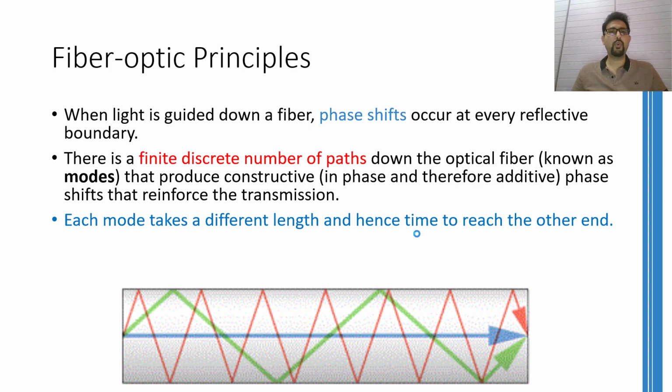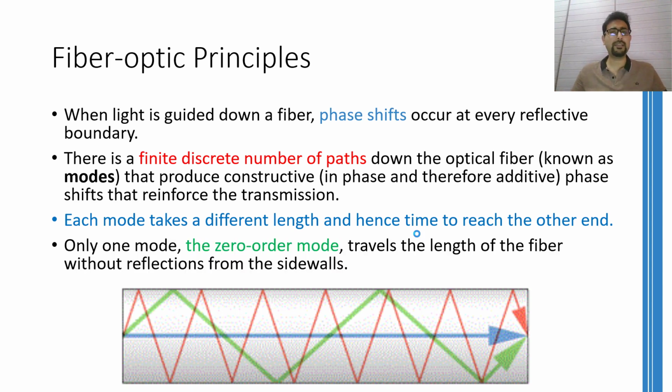Moreover, each mode has a different route from the start till the end and hence a different distance. Therefore, light traveling in different modes will reach the other end at different times. Only the zero mode is the path that is straight from the start till the end and is the shortest path. Ideally, there is no reflection in the zero mode path.